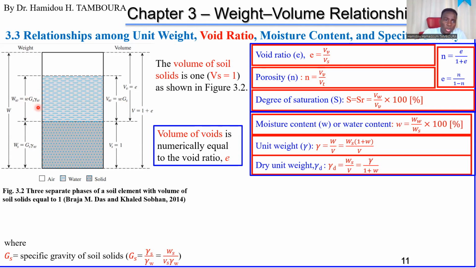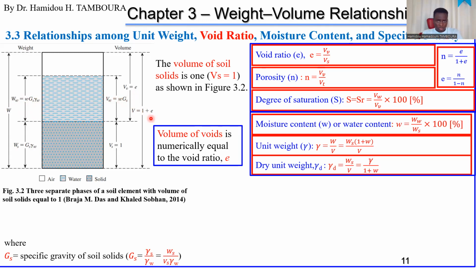So by dividing the weight of water, which is here, W, water content, by specific gravity multiplied by unit weight of water, we divide this by unit weight of water, which is gamma W. So it means that this gamma W will be divided by gamma W. And we will end up with W by specific gravity. This is how we obtain the volume of water.